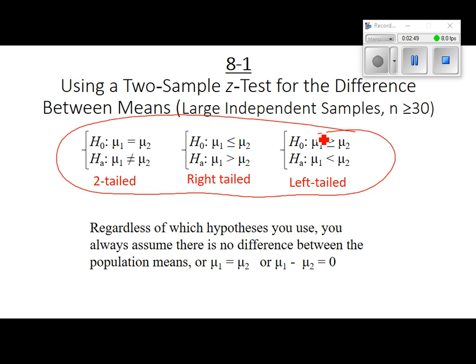Remember, with this, regardless of which hypothesis we're using, either the first one, second one, or third one, we're always assuming that the two means are equal to each other. So for most of all this chapter, we were assuming that the means were equal, or the proportions were equal, or whatever it is that we were dealing with.